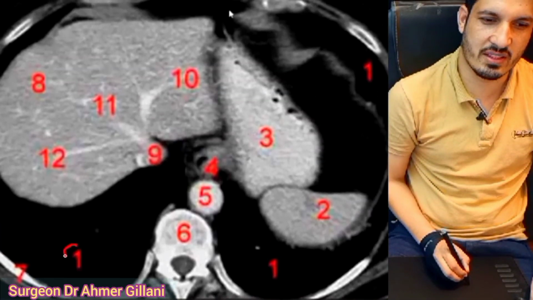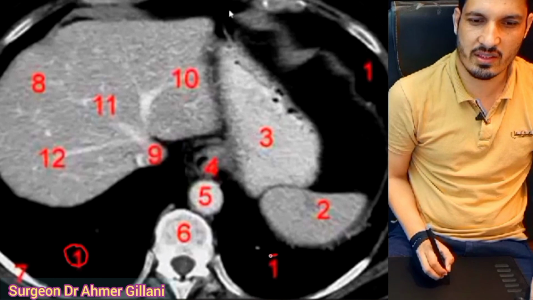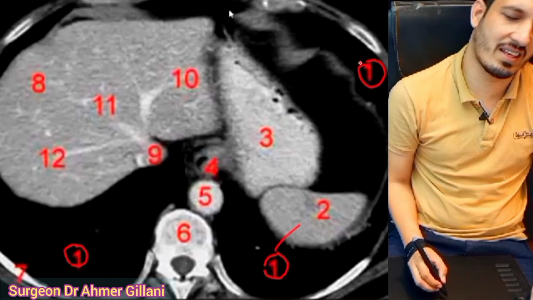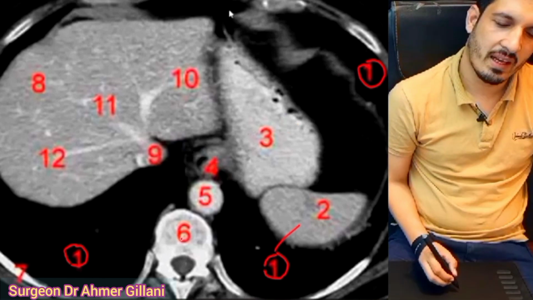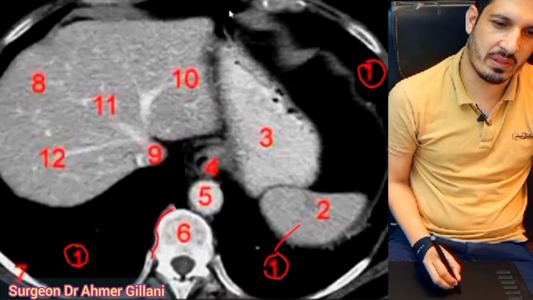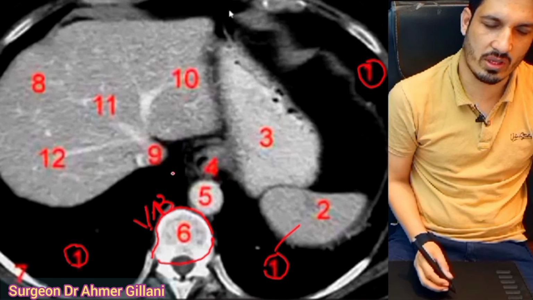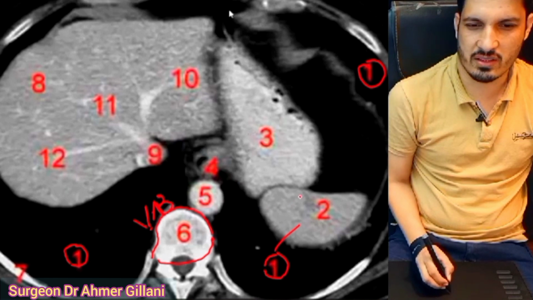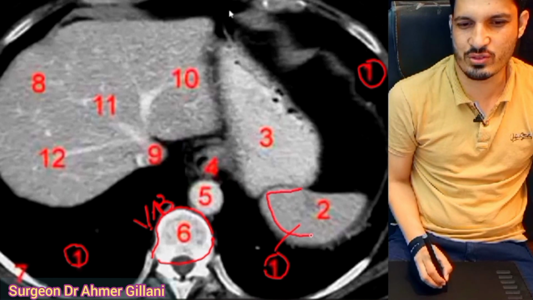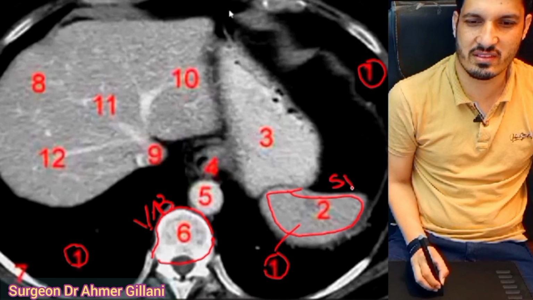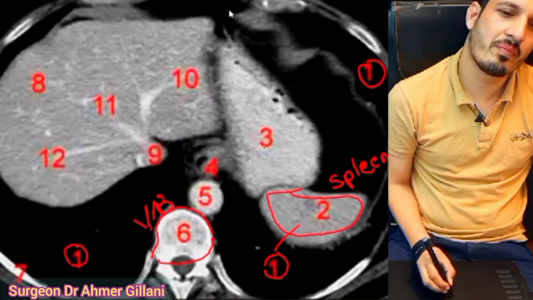Again you are seeing many 1s here, 1 1 1. So all of these are definitely lung, and again like in the previous diagram, this structure is a vertebral body. Okay, and this is the new structure you are seeing in this diagram, and this structure is definitely a spleen.